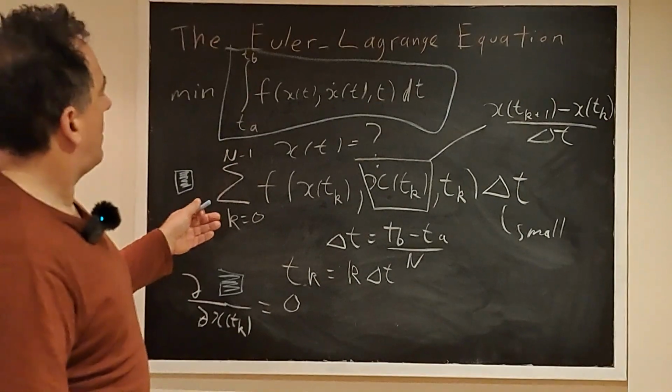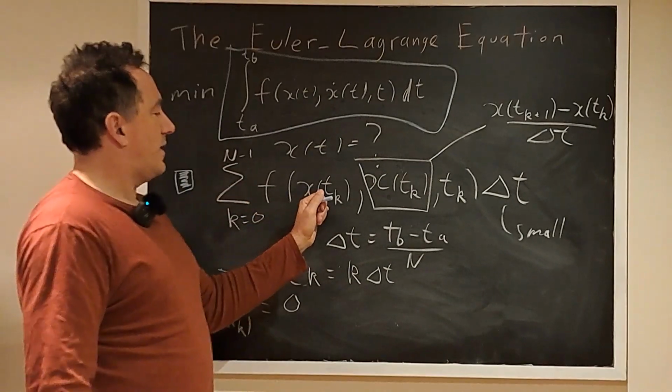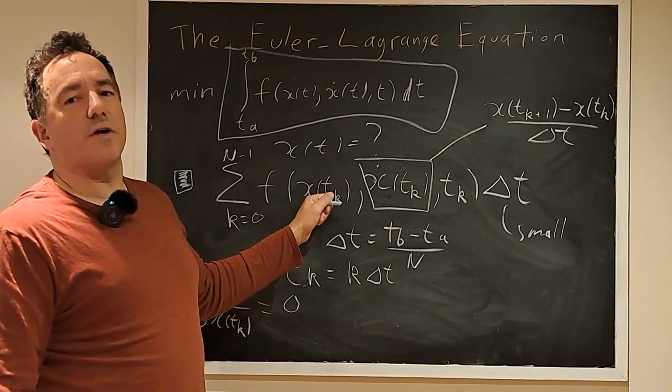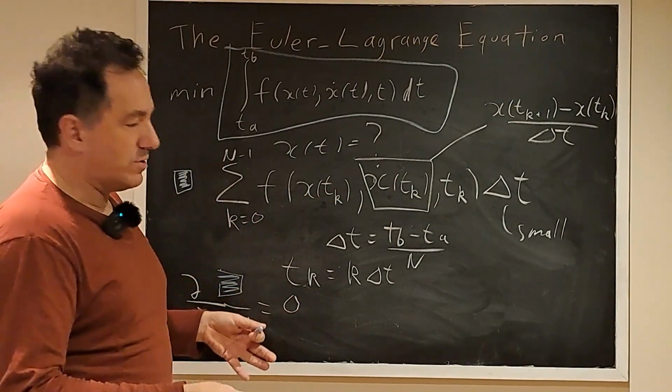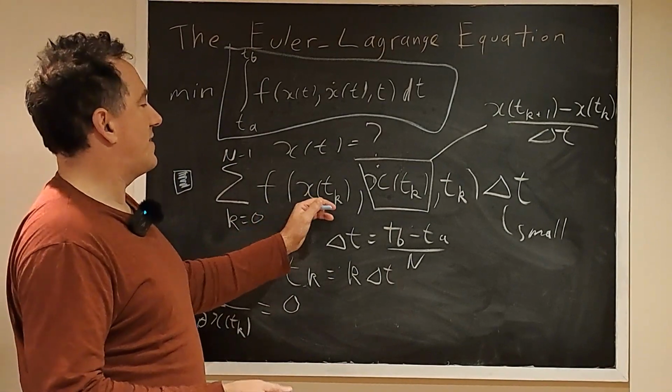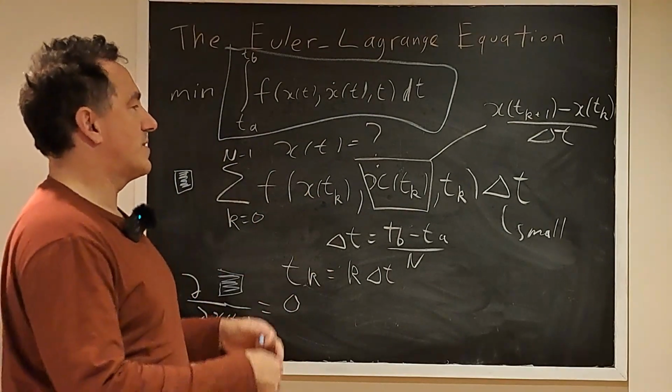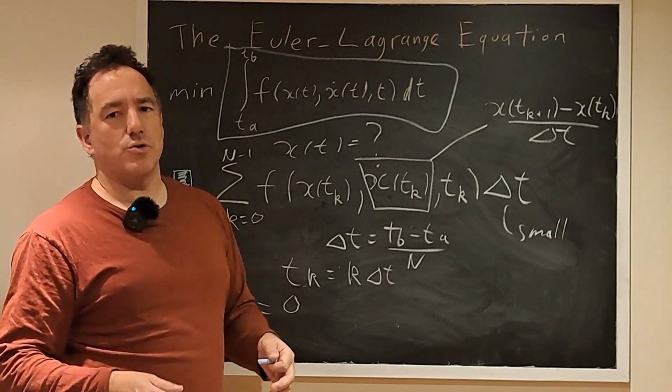Because here we see that x of tk is becoming a discrete variable. We have n-1 variables which correspond to the position at each time. So we have position at time 1, time 2, and so on and so on.